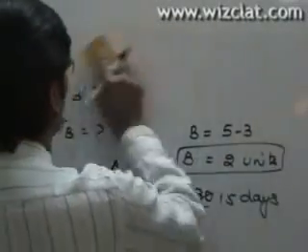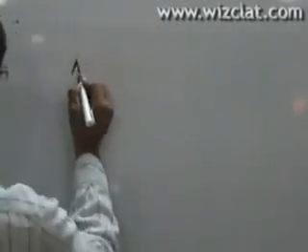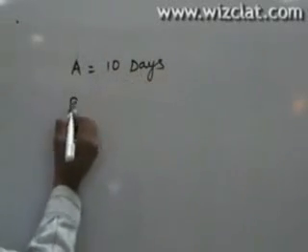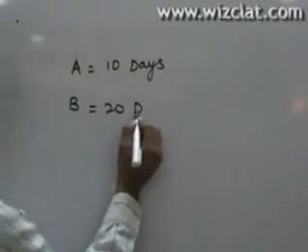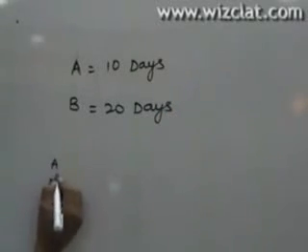So this is one simple concept which we can apply not only to this situation but to many more situations where the questions come up with certain conditions. For example, A can do a piece of work in, let us say, 10 days. B can do the same piece of work in, let's say, 20 days. They both started working together on a project.